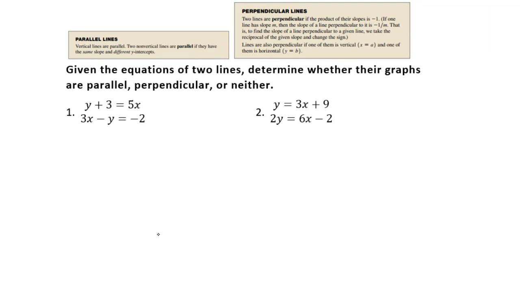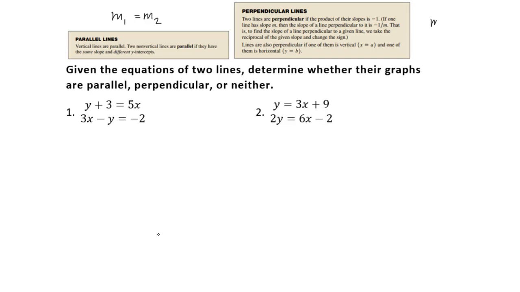Okay, given the equations of two lines, determine whether their graphs are parallel, perpendicular, or neither. So we're trying to determine if these two lines are parallel, perpendicular, or neither. For parallel, one slope equals the second slope. For perpendicular, we have this term of opposite reciprocal.